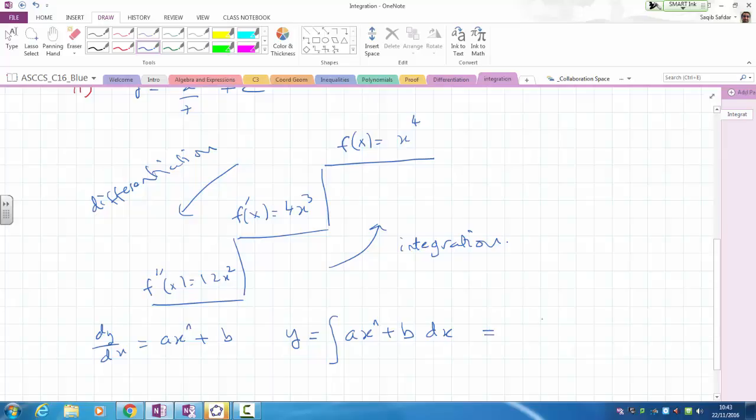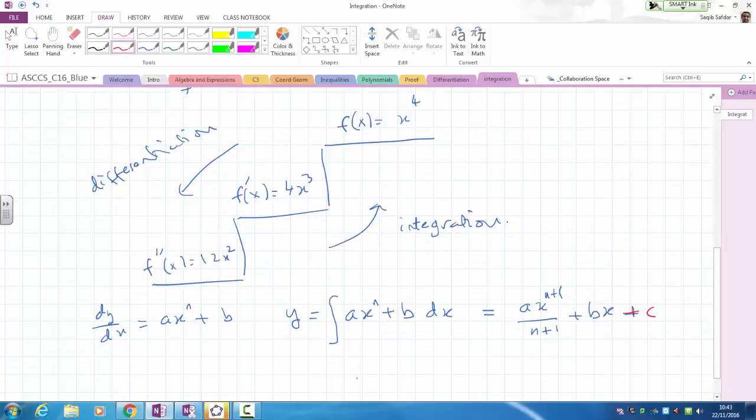The formula is: you raise the power by 1, divide by the raised power. Any constants become coefficients of x, and then you've got a constant of integration, plus c, in our general solution.